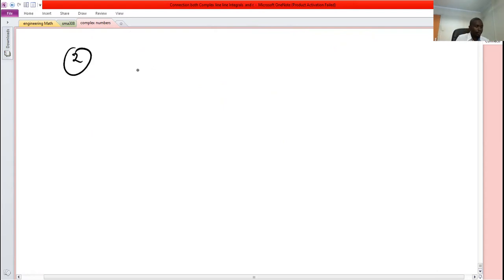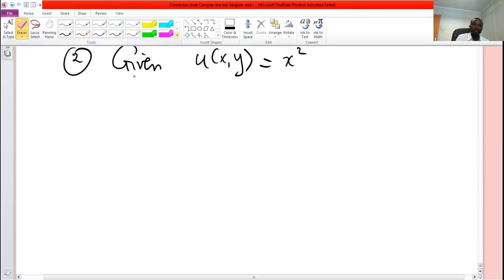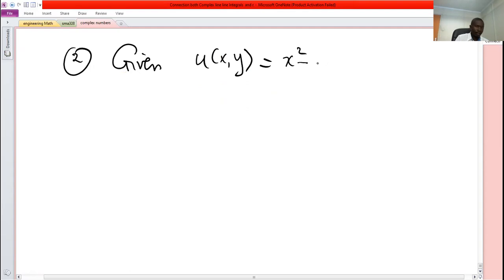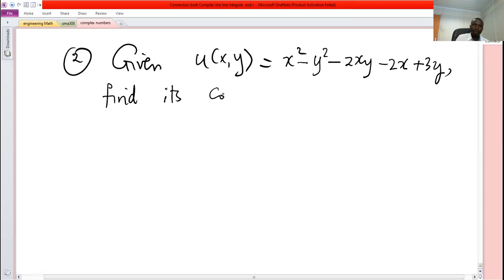Example 2, given that u of x comma y is x squared minus y squared minus 2xy minus 2x plus 3y, find its conjugate harmonic function.